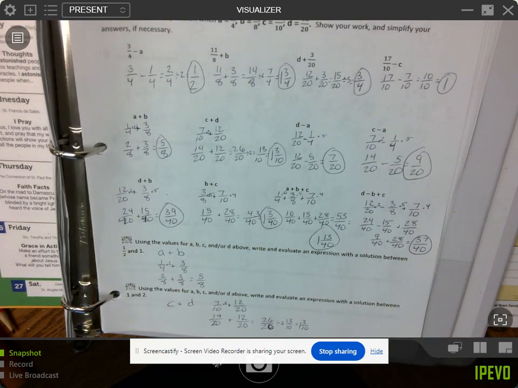Claire. Which one are you at? First, second, third, or fourth? The third one? So, did you have 1/4 plus 3/8 plus 7/10? Okay. Did you turn that into 10/40, 15/40, 28/40, or did you go up to the 80s?